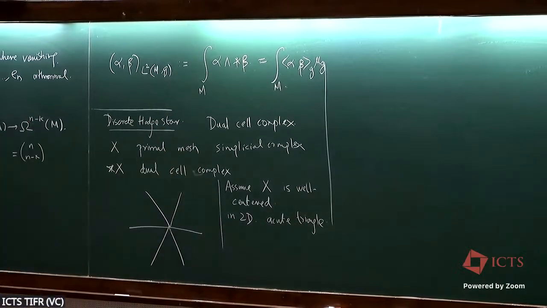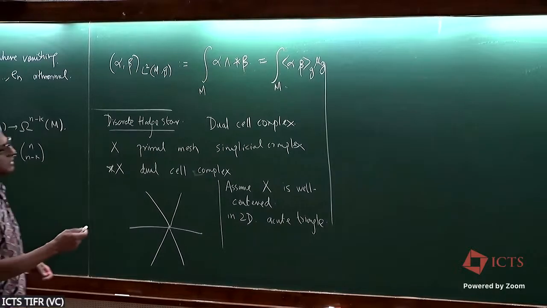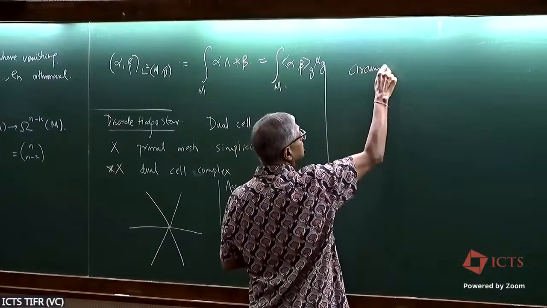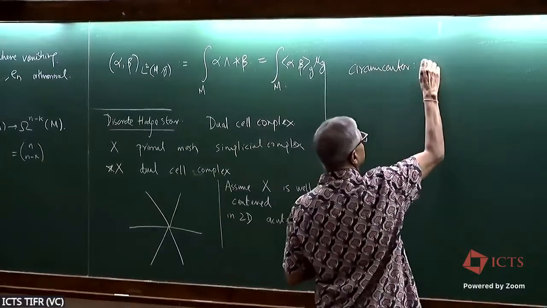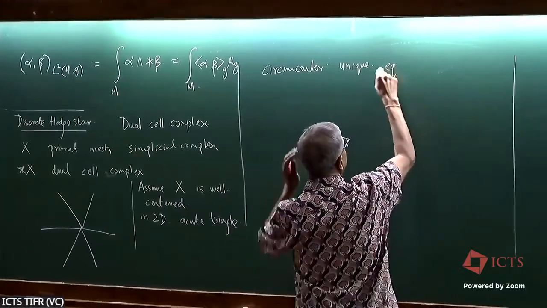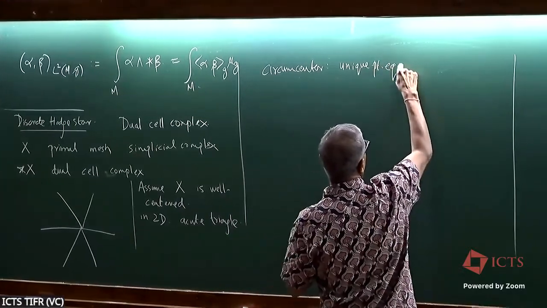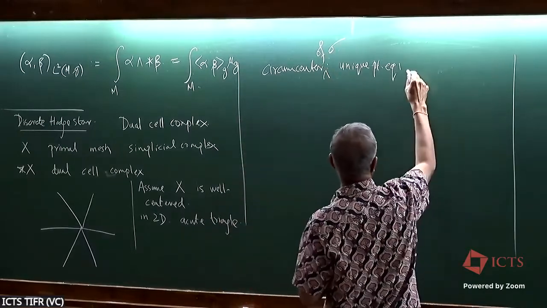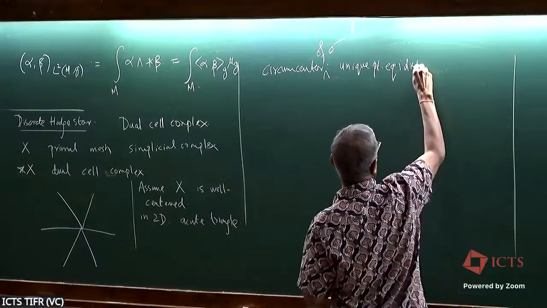If you recall your ninth standard geometry, what is a circumcenter? The circumcenter of a simplex sigma is the unique point which is equidistant from all its vertices.